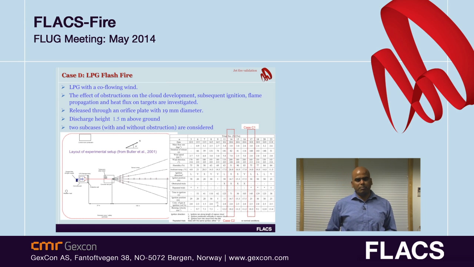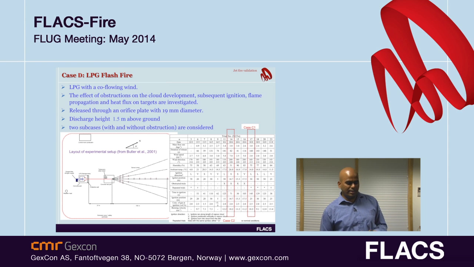My next case is the LPG flash fire, where the LPG is released into the crosswind, and the effect of obstruction on the cloud development, subsequent ignition, flame propagation, and heat flux on the target are investigated. This experiment was performed at HSC.